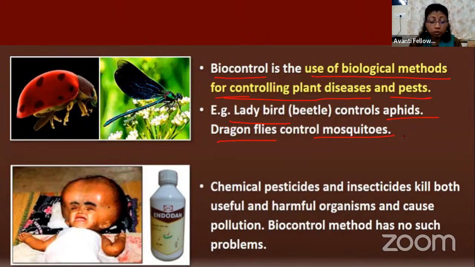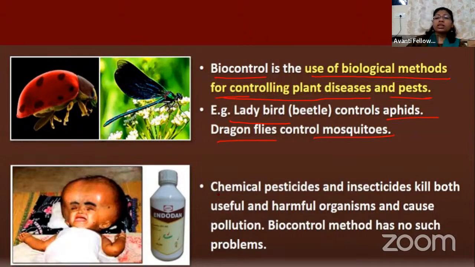These are harmful chemicals which inhibit the growth of other living organisms and also have a very harmful effect on humans. That is why we are now shifting towards biocontrol agents, because by using a living organism against a living organism, we are not using any harmful chemical. And when we are not using any harmful chemical, it is not going to harm us.